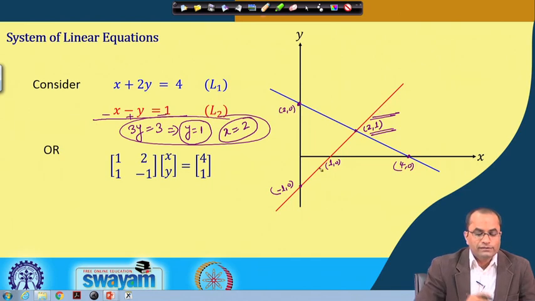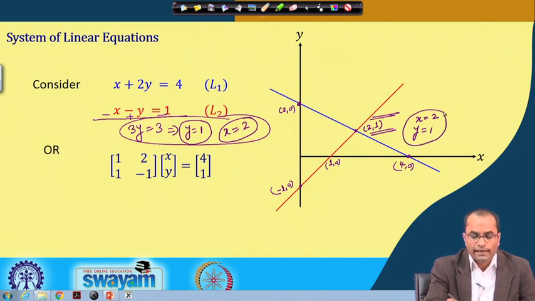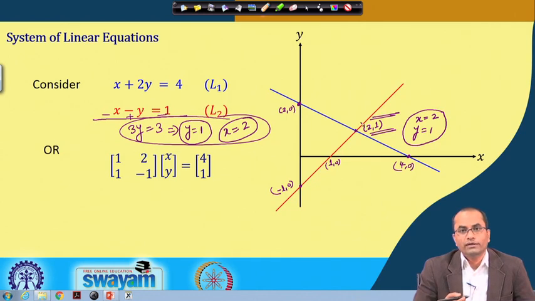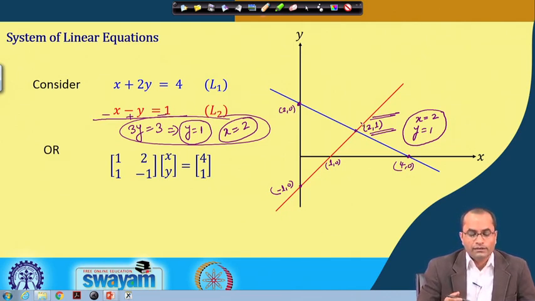And what else do we see here? The solution is x is equal to 2 and y is equal to 1 of this system, and the other point to be noted is that this is the only point where these two lines intersect, or this is the only common point on both the lines. So, that has become the solution now.